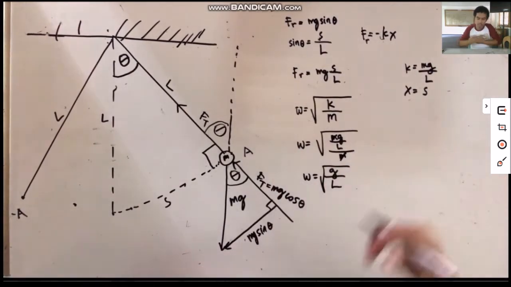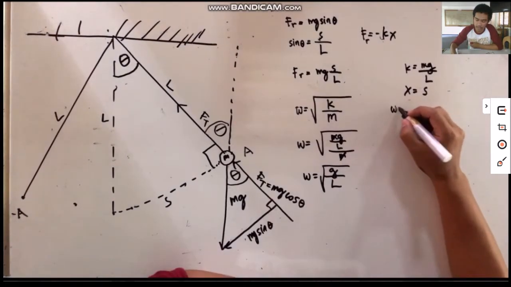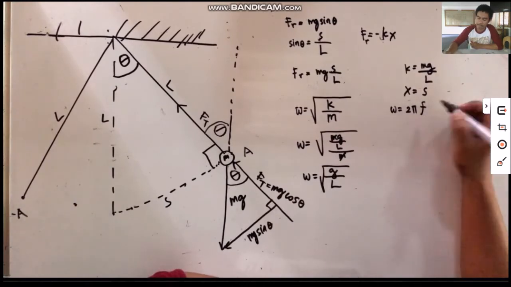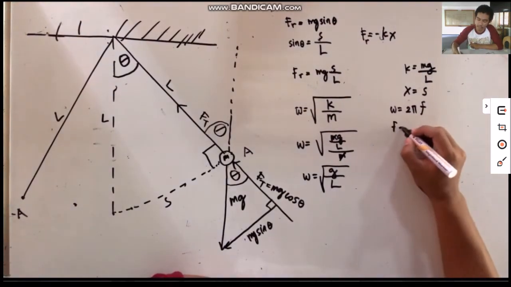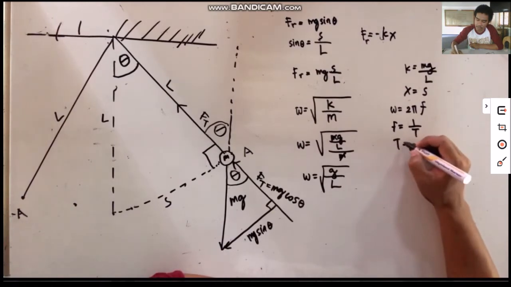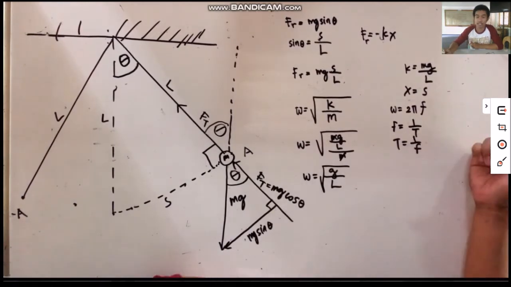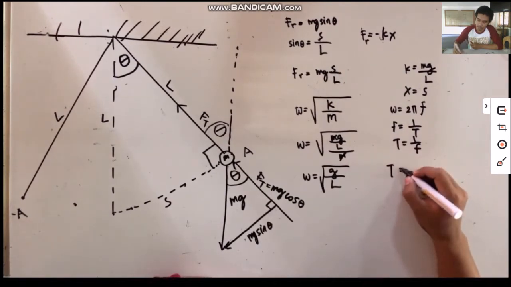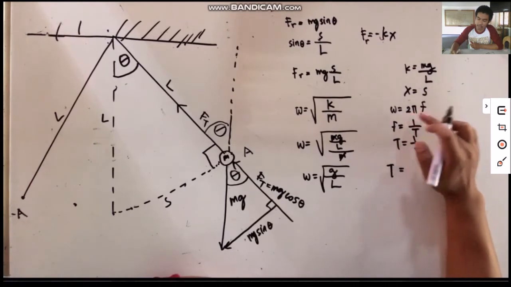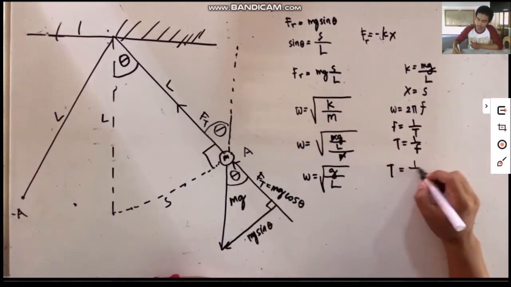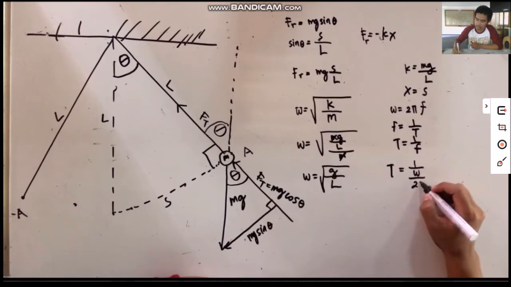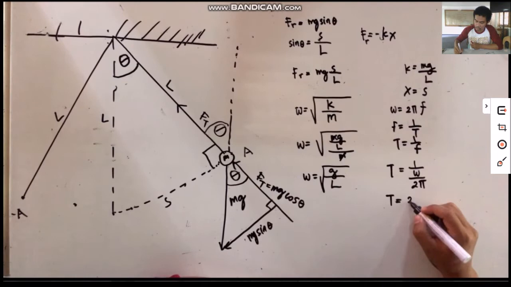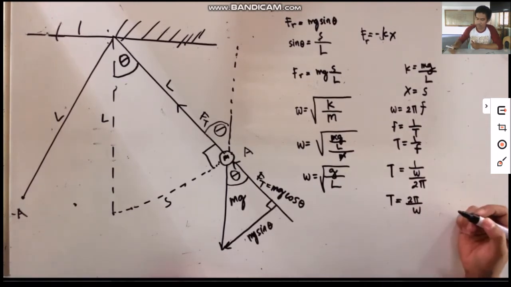And then we know that the angular frequency is 2 pi times the frequency. And frequency is reciprocal to the period, or period is reciprocal to the frequency. So from this equation we can see that f is equal to angular frequency over 2 pi, or period equals 2 pi over angular frequency.